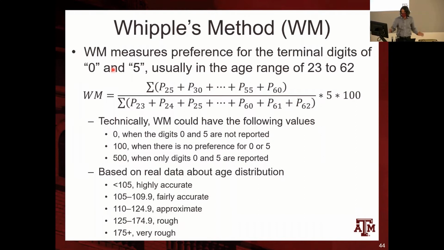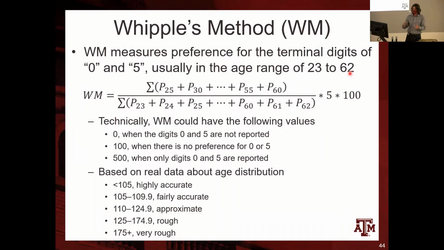It's easier. And for this specific index, we collect information on single ages, people at specific ages, 23, 24, 25, and so on. So for people between 23 and 62 years of age.